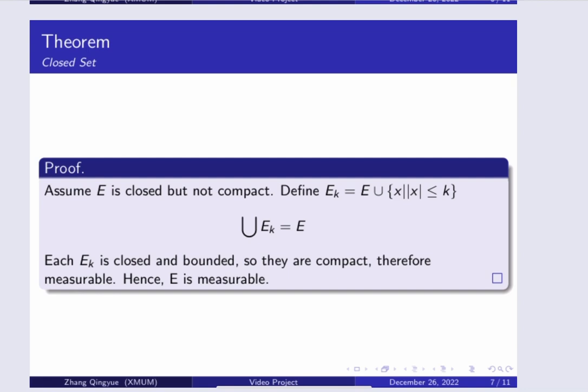And E is the union of these measurable sets, so E is also measurable.